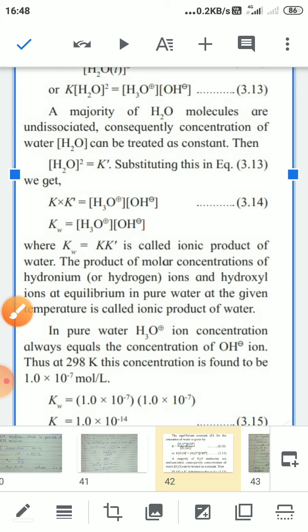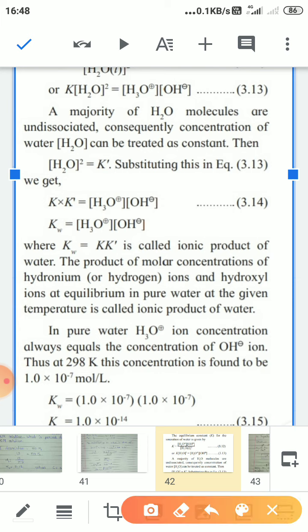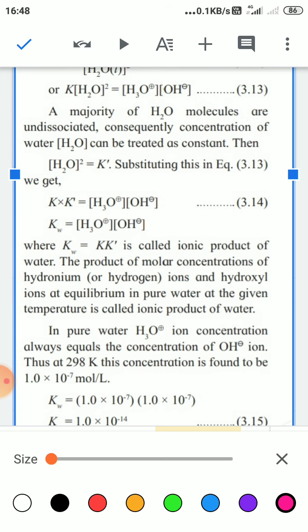See once again the definition of ionic product of water. Definition: the product of molar concentrations of hydronium ion and hydroxyl ion at equilibrium in pure water at a given temperature is called as ionic product of water.